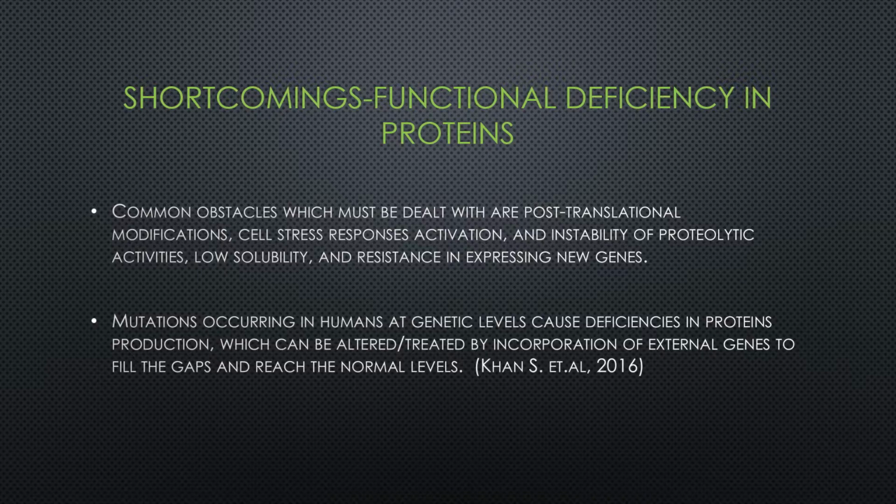Common obstacles which must be dealt with are post-translational modifications, cell stress response activation, instability from proteolytic activities, loss of solubility, and resistance in expressing new genes. And mutations occurring in humans at the genetic level cause deficiency in proteins as well, which can be treated by incorporation of external genes to fill the gaps and reach normal levels.